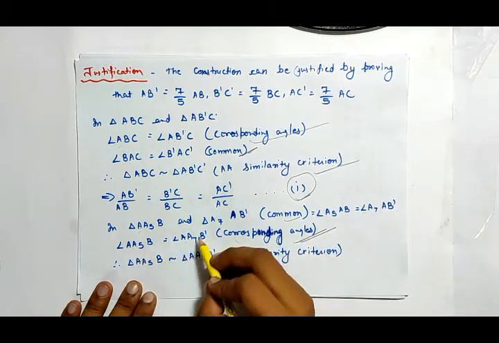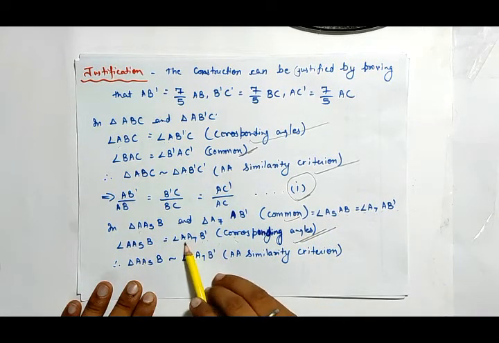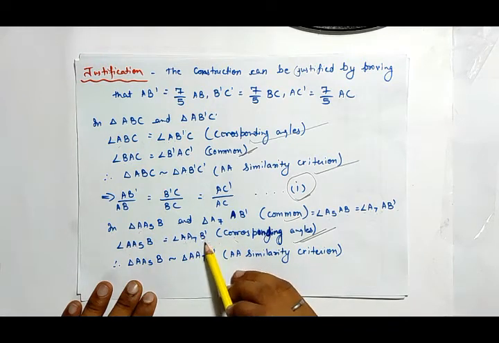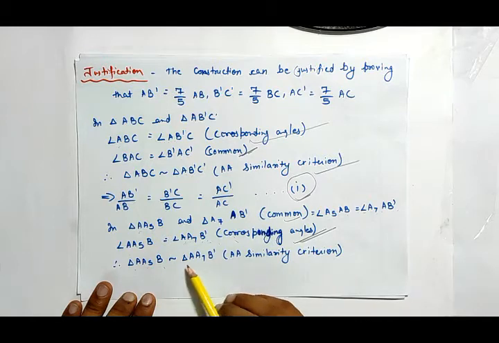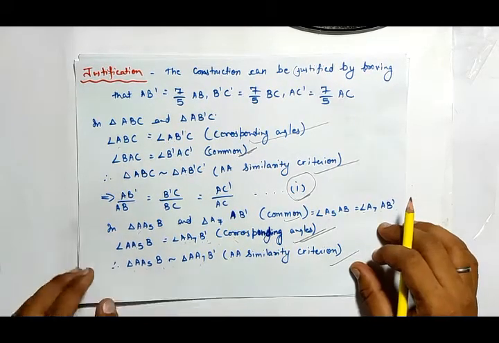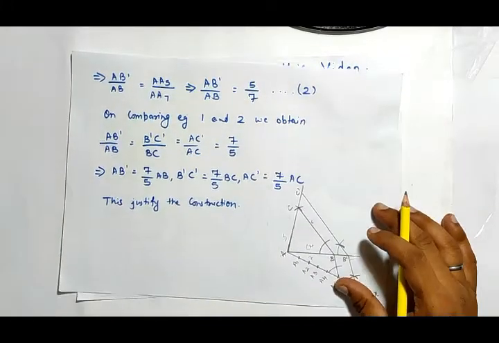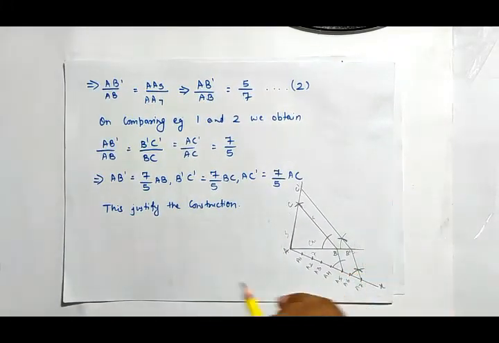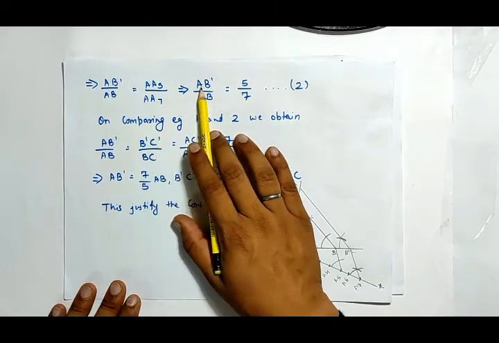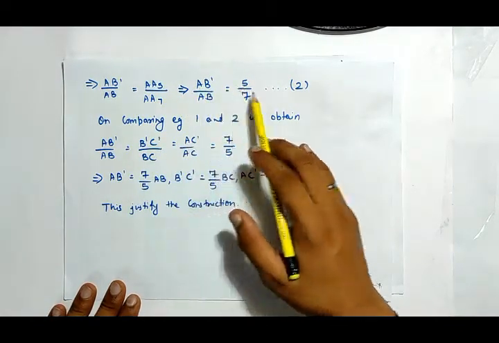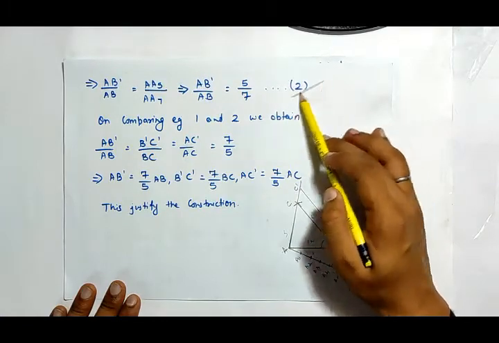Therefore triangle A5BA is similar to triangle A7B dash A, that is AA similarity criterion. So AB dash upon AB is equal to A5 upon A7, which is 5 upon 7, that is equation 2.